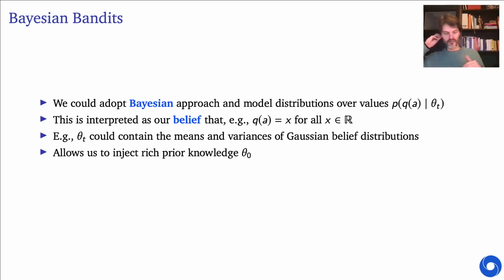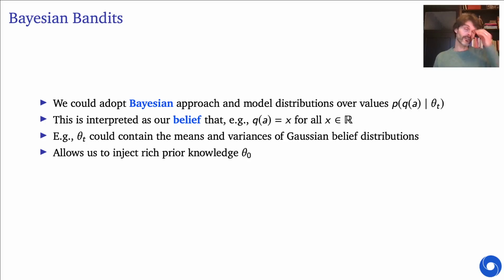We might know that, oh, this value we're quite certain is between 10 and 11, let's say. Oh, this other value, we don't know where it is. It's somewhere between 1 and 100. And if we want to model these things explicitly, we can actually inject this as prior information before we even start running the algorithm.